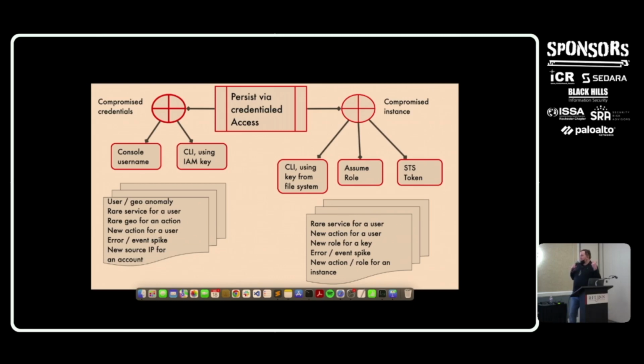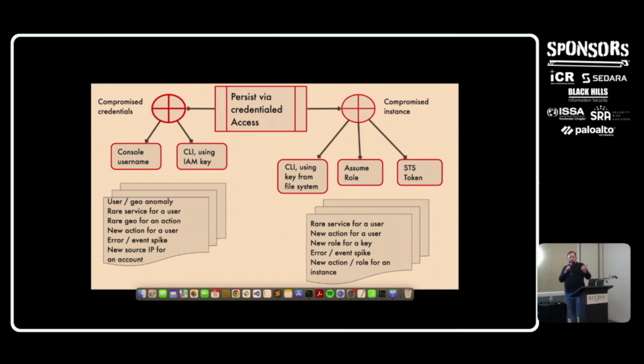So essentially looking for things like an action coming from an unusual geography, a new action for a user that we haven't seen before, and then some standard deviation-based analyses that are looking for, say, the top 5 largest spikes and surges, either in errors or events. One of the ones that I'm planning on doing is a new source IP for an account, or new source IP generally.